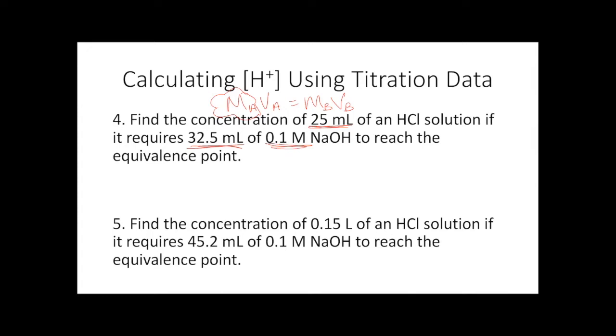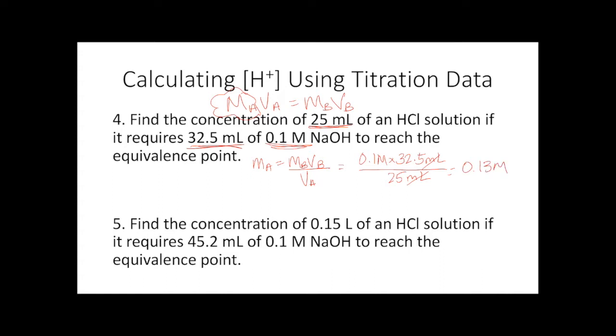There's my molarity of my base, and so I just solve. So MA is going to be equal to MB VB divided by VA. So 0.1 molar times 32.5 mL divided by 25 mL. The milliliters cancel, I end up with molar. And my concentration is 0.13 molar.